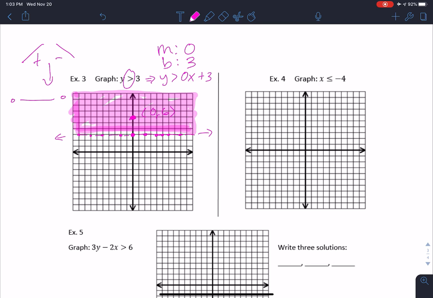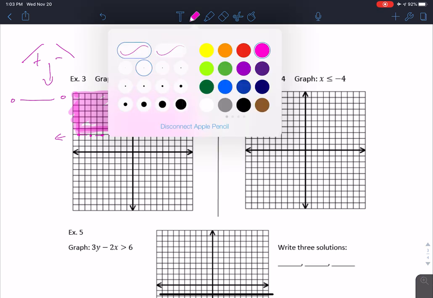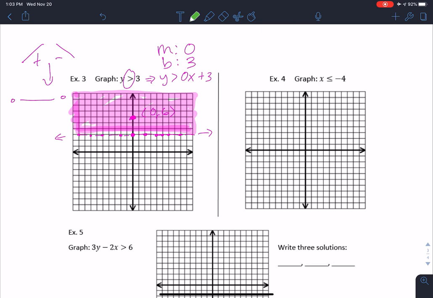Okay, now on this example, let me change up the color again for fun. This one, it's x is less than or equal to -4. So if you remember on our slope man that we drew, on this one we have an undefined slope. So it's going to be like his nose right here.